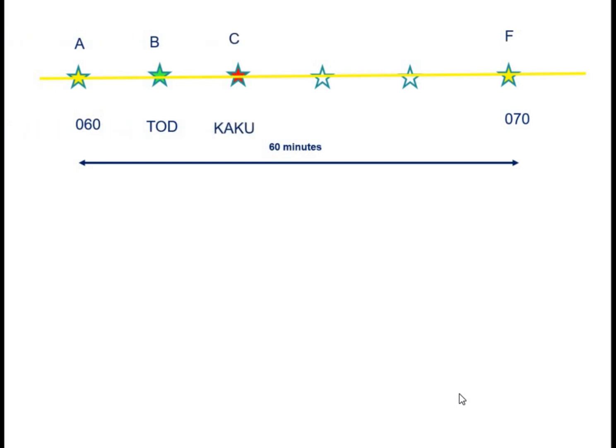Point C is an ATS reporting point, CACU, on the flight path. The flight plan indicates that the pilot intends to change speed and request descent at this particular waypoint.